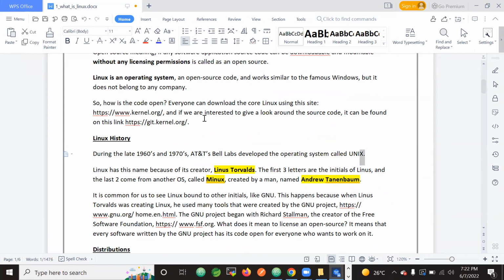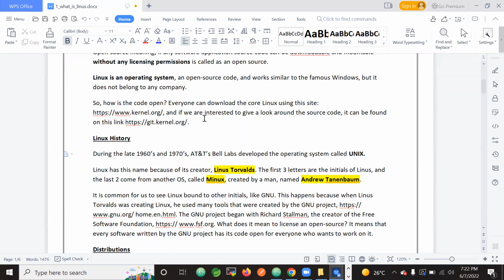Carefully listen, please. Pay your attention. So who developed Unix? In order to understand the Linux history, first we need to go through Unix and how it came. So during the late 1960s and 1970s, AT&T's Bell Labs developed the operating system called Unix.